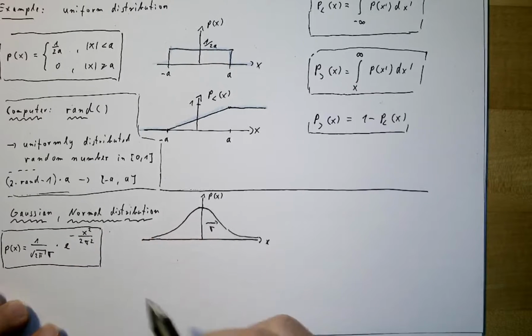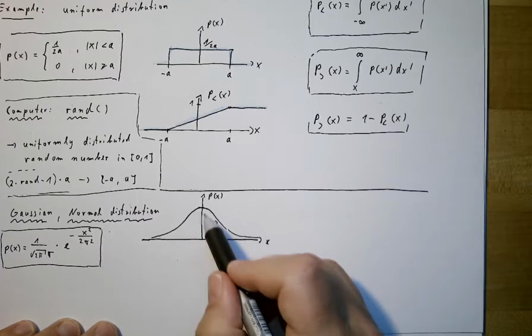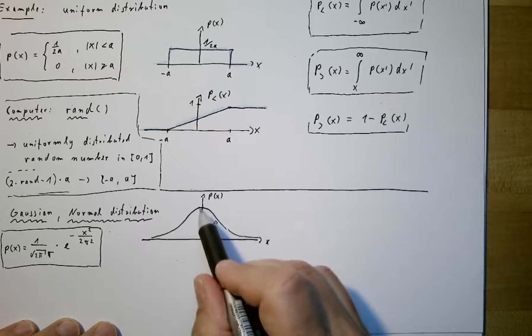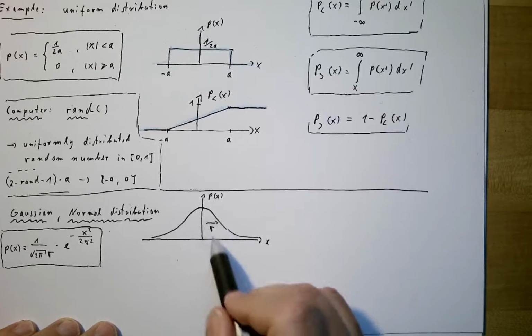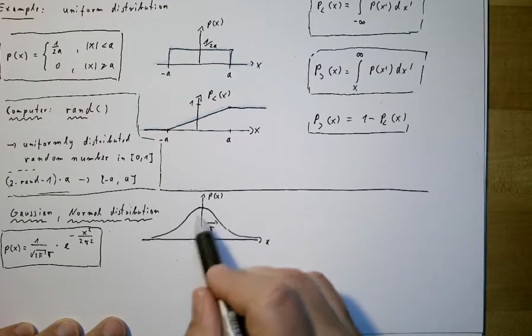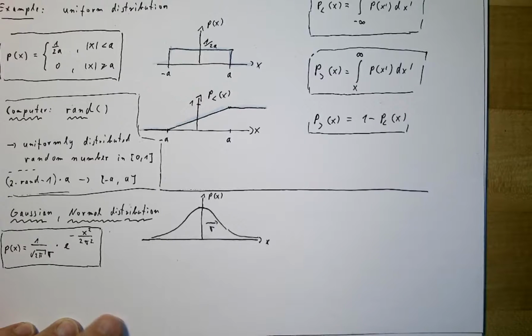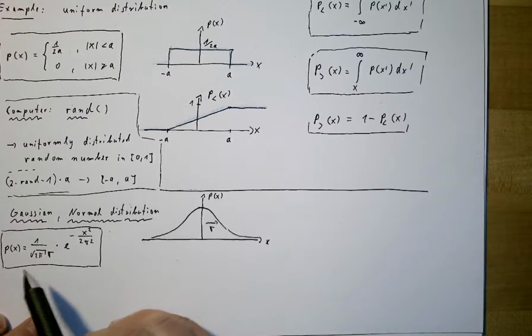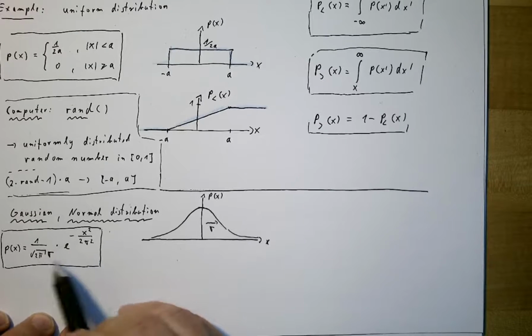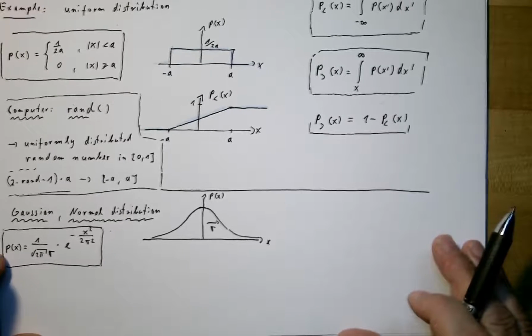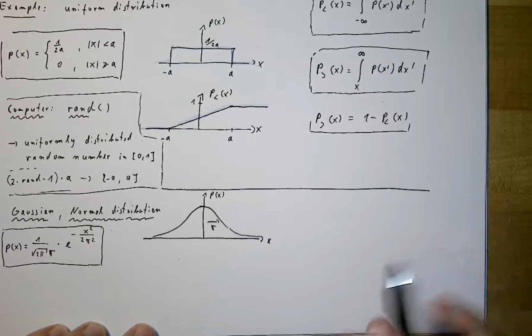So this is a function which has a maximum at 0. So we have random numbers which with high likelihood are around 0, but then decay for deviations from 0. We will later in the course also see where this comes from and why this is so important. At the moment, this is just one important example.